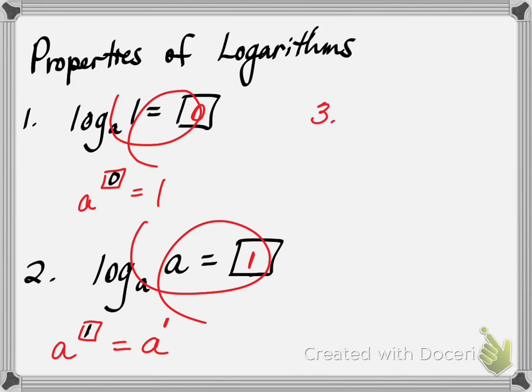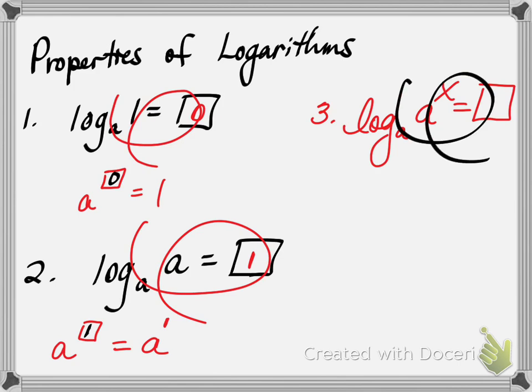Property 3, log base a of a to the x is equal to something. Well, if we do the swoop, a to something is equal to a to the x. These are equal. This is an equation. They're in the same form. So the box must be x.